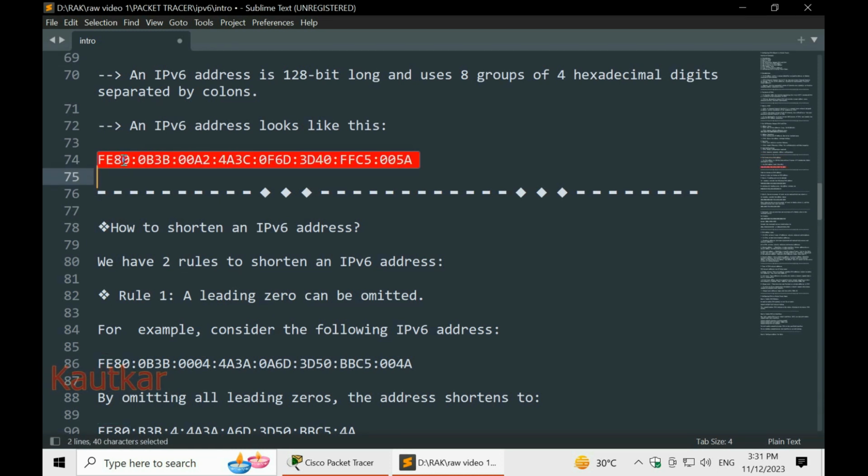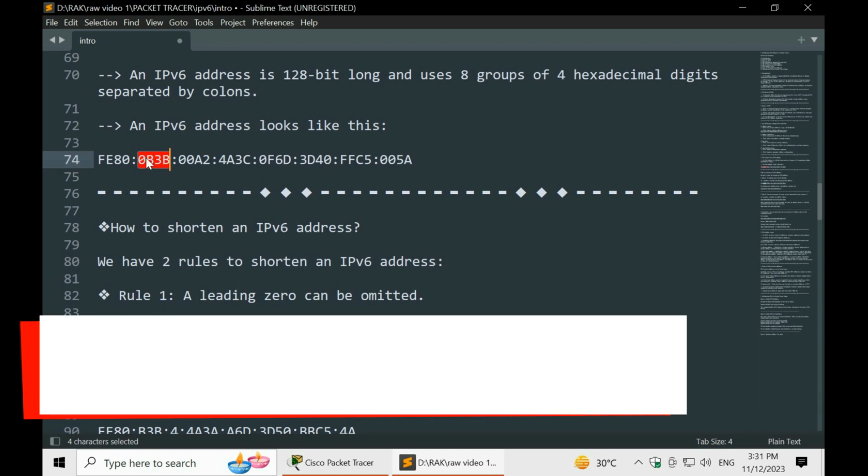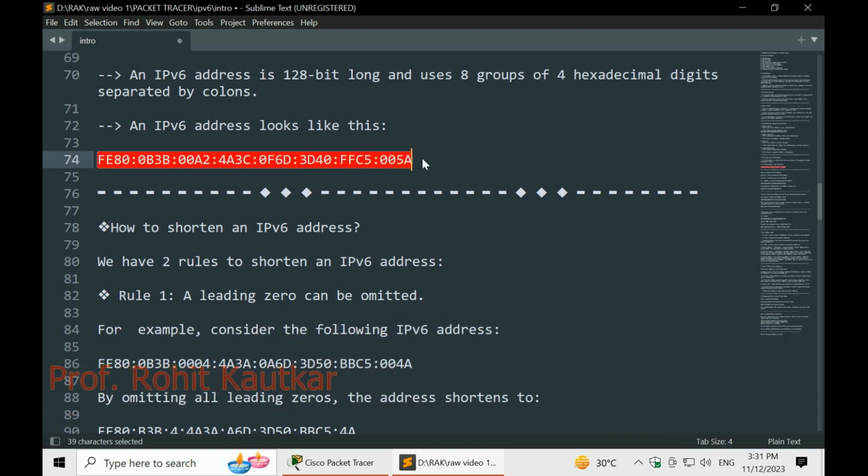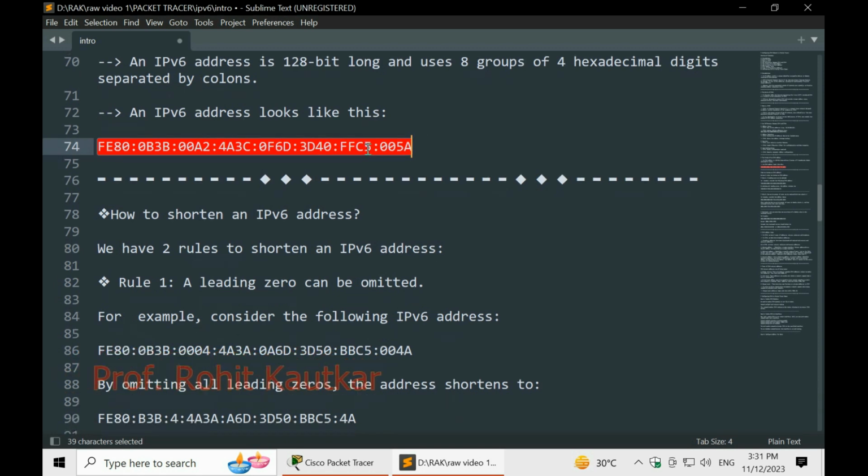Here we have shown one example of how an IPv6 address looks. You can see this is the first group of 4 hexadecimal digits. Then this is the next group of hexadecimal digits. These two groups are separated by a colon. Likewise, there are 8 hexadecimal groups. This is how the IP address looks.